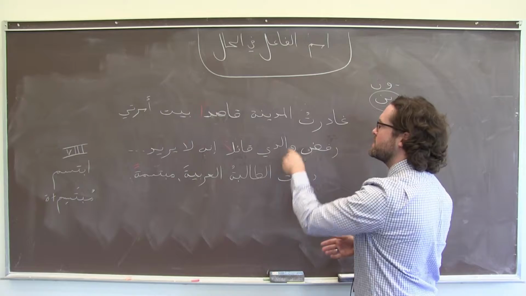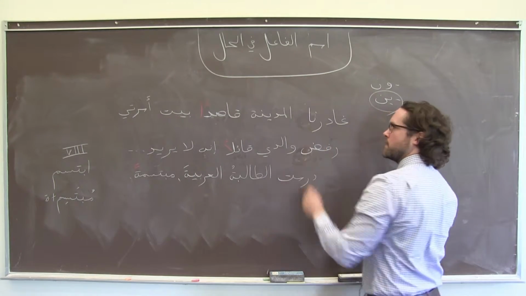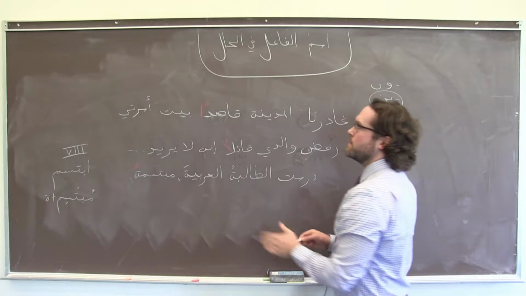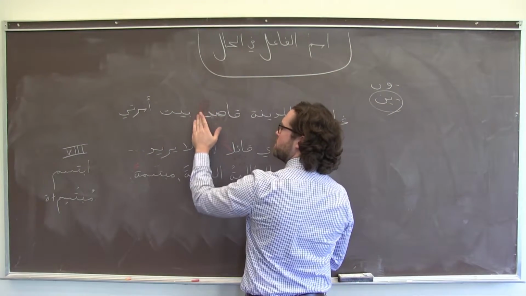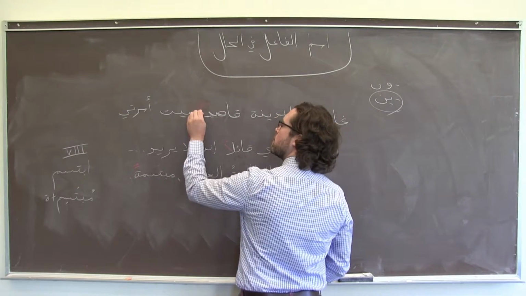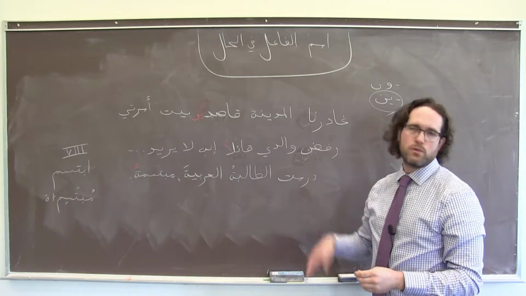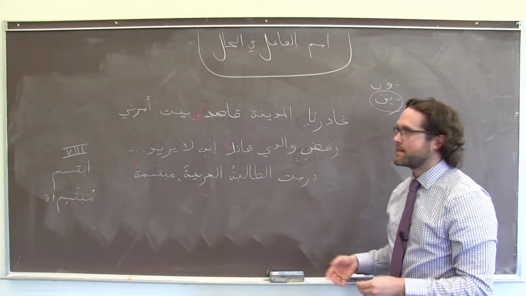So if I wanted to rephrase this, we left the city, غادرنا المدينة, then instead of قاصدا for just one person, it would be قاصدين بيت أسرتي, or maybe بيت أسرتنا, depending on the story we're telling.